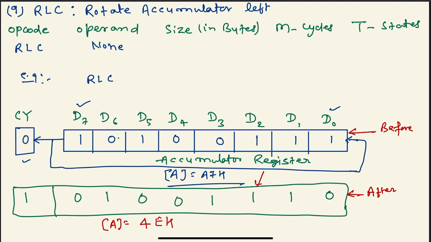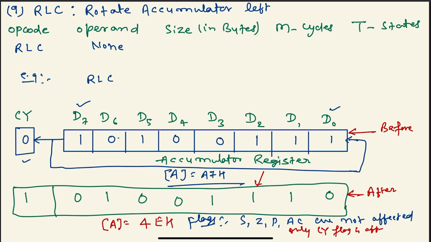With respect to flags, the sign, zero, parity and auxiliary carry flags are not affected. Only the carry flag is affected. As per the rotation result obtained, the carry flag will be affected.